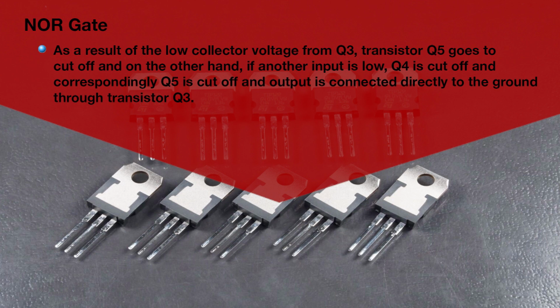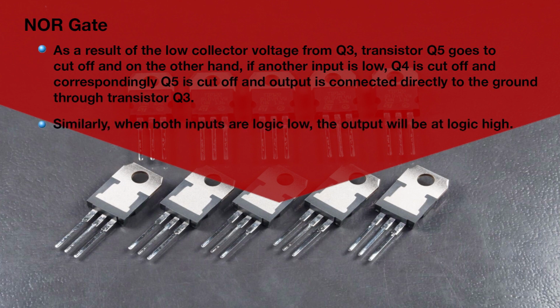On the other hand, if another input is low, Q4 is cut off and the corresponding Q5 is cut off, and the output is connected directly to the ground through transistor Q3.